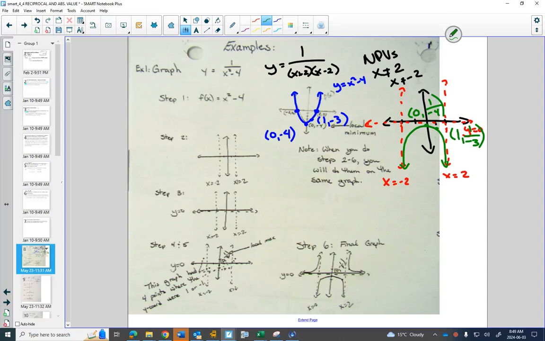Have I graphed all the sections? No. You see there's a section here, section 1, there's a section in between, which we did, section 2, section 3. So I would go to my original graph, I'd say, if I plugged in 3, 3 squared minus 4 is 5. That means on my green graph, I'm going to have 3, 1 over 5. Because all you do is take your y value and change it to 1 over.